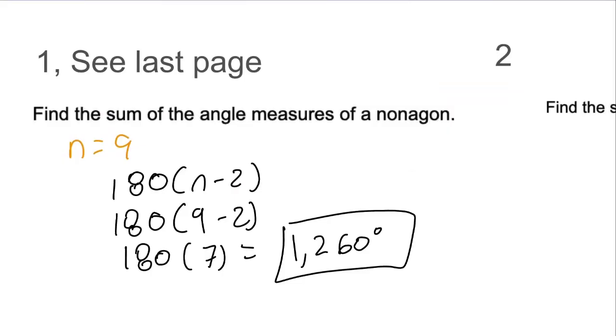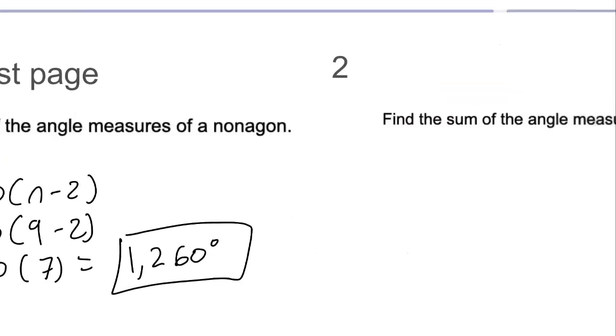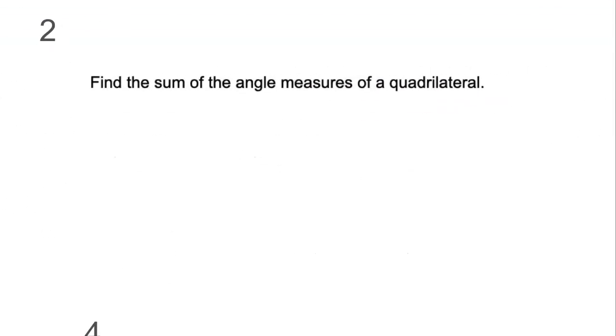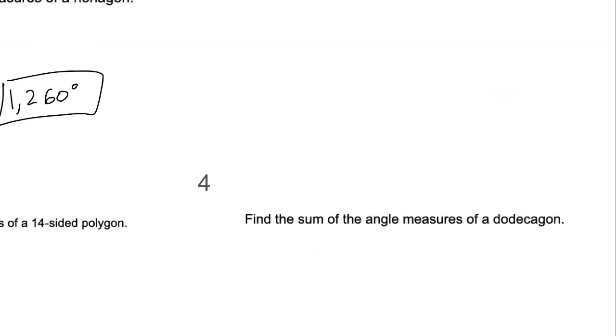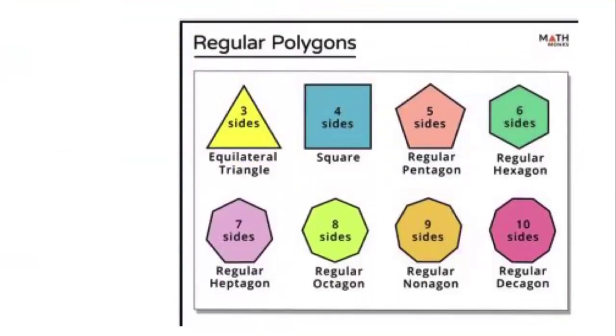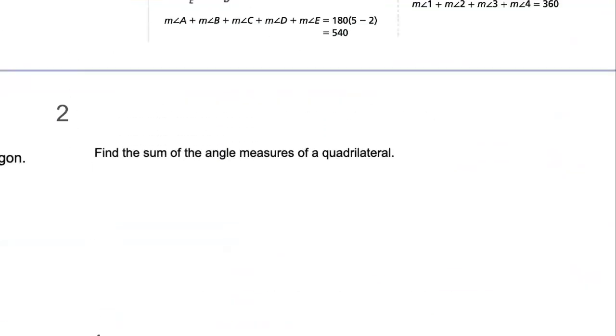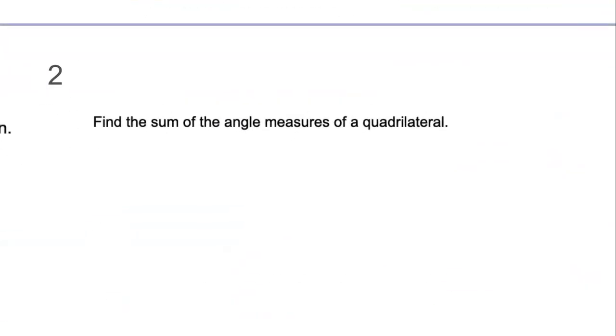All right, so that's number one. Find the sum of the measures of a nonagon. When you add all the interior angles of the polygon, it will be 1,260. Number two, find the sum of the measures of a quadrilateral. Now, this is not in your cheat sheet, but you learned about quadrilaterals last year. Does anyone know what a quadrilateral is, Max?